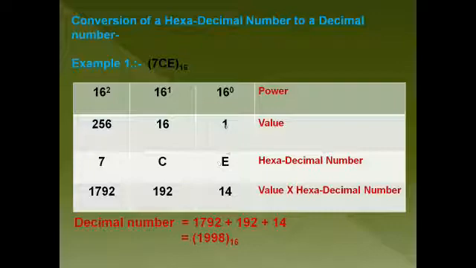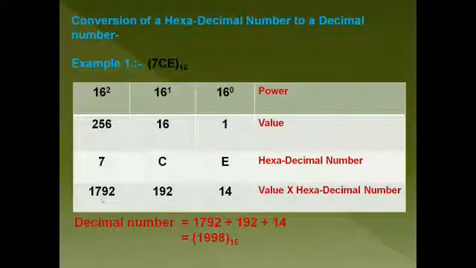So 14 multiplied by 1 becomes 14. Now C: it starts from 10 A, 11 B and 12 C. 12 multiplied by 16 becomes 192. Now 7 multiplied by 256 becomes 1792.